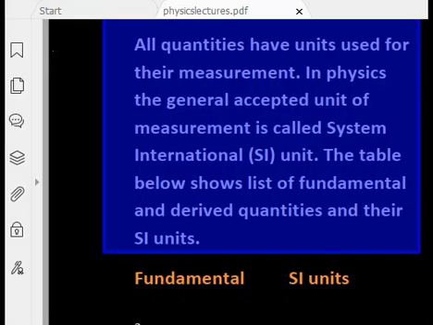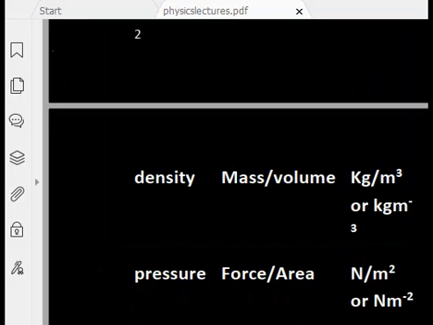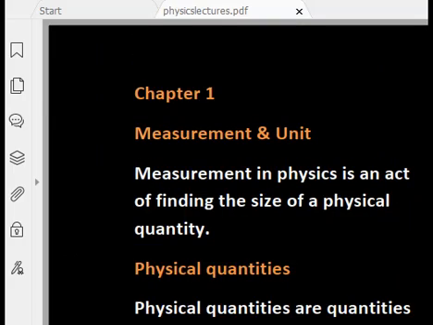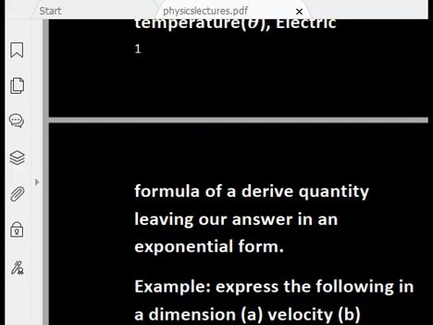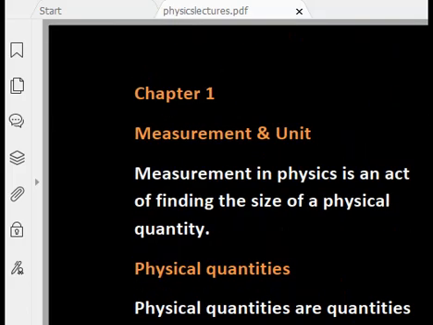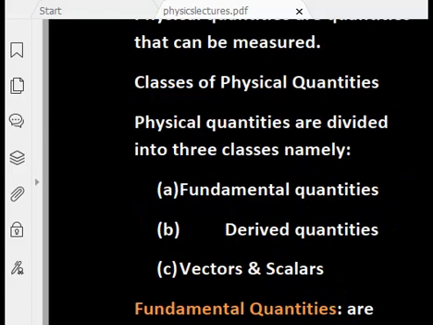Let's look at the fundamental quantities and their units.